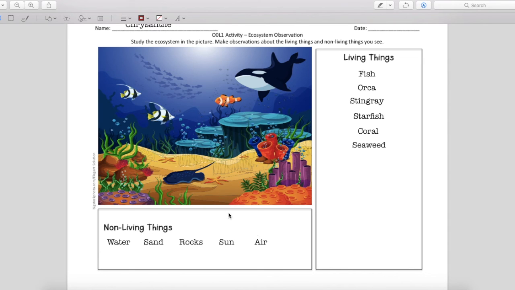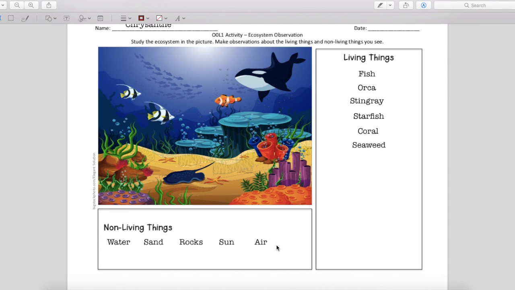The plants, there's some different types of plants over here. They grow out of the rocks and the soil, which are in our non-living category. The plants also turn the sunlight into food. So that's another way these living and non-living things interact with each other.